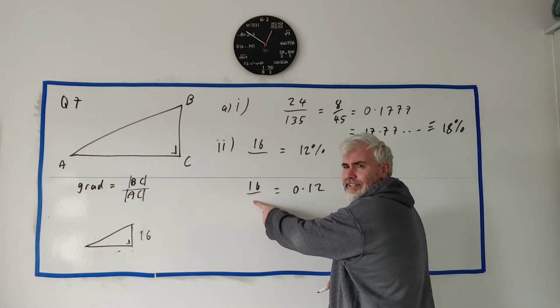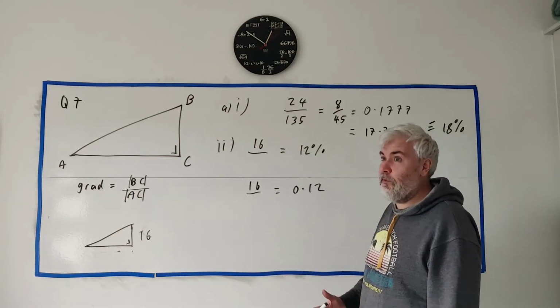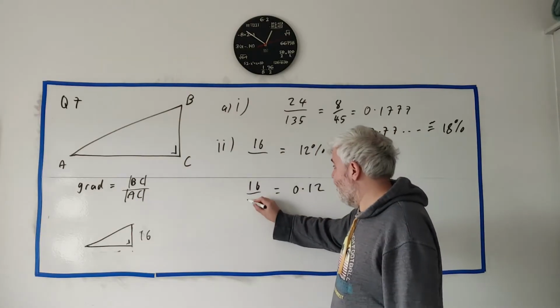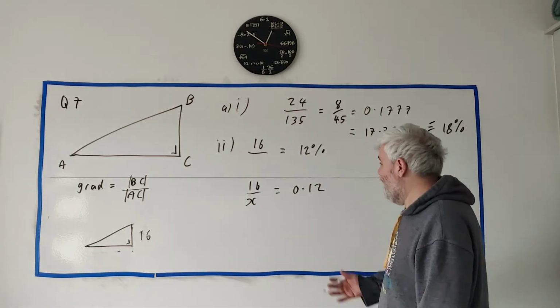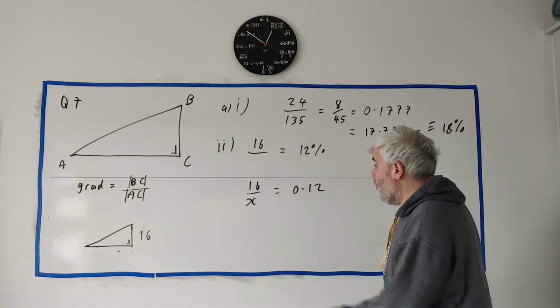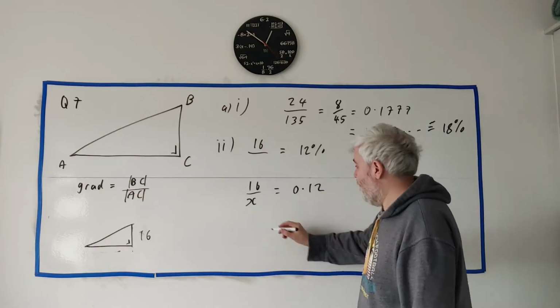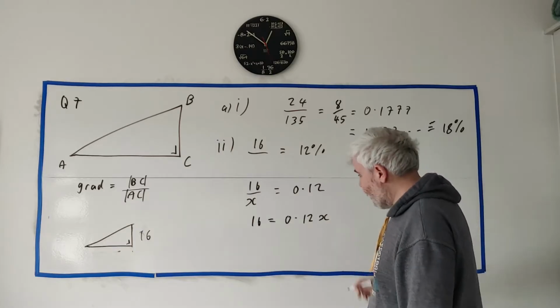And we don't leave blanks here. You might have done that in primary school even. But no, we don't leave blanks when dealing in maths. We put x's in, something you don't know. Put a letter, any letter really, whatever you want. We usually use x though. So we need to solve for x. If we multiply both sides by x, we will get 16 is equal to 0.12x.